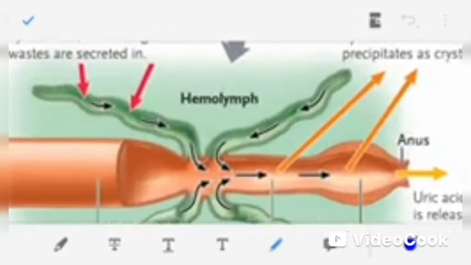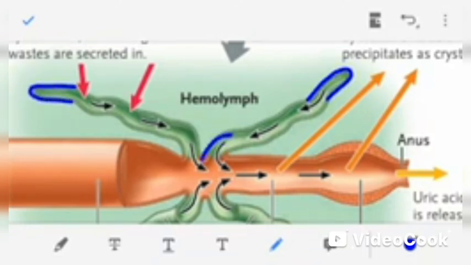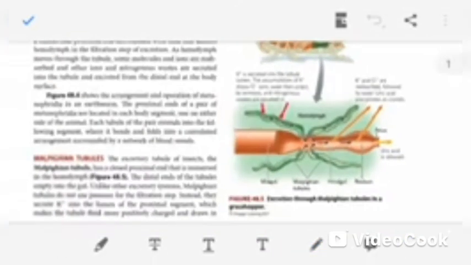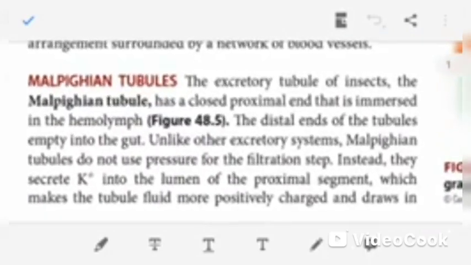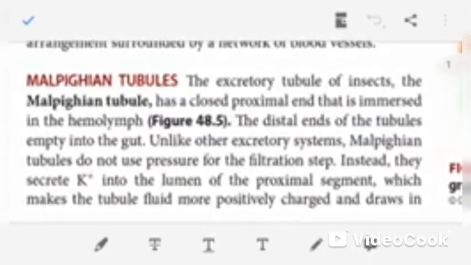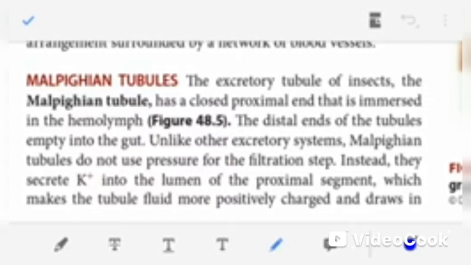So this end, the proximal end, is closed and the distal end opens into the gut. The proximal end, which is closed, is immersed in the hemolymph, and the distal end opens into the gut.